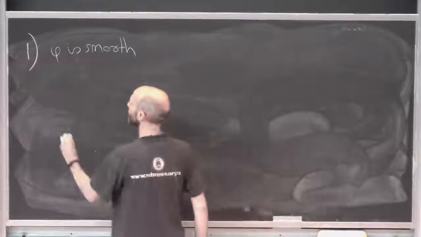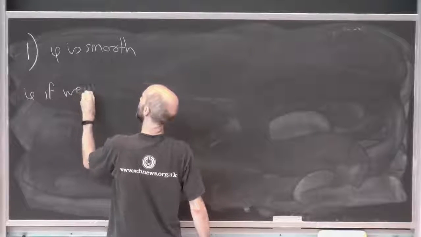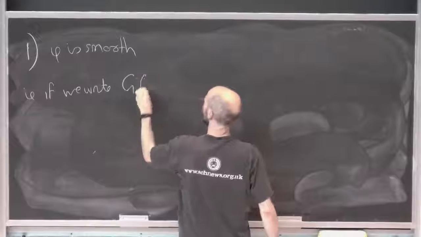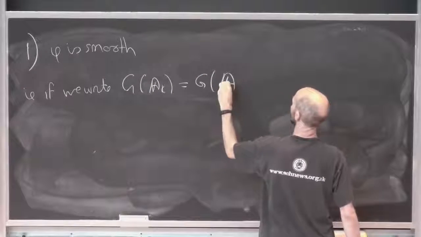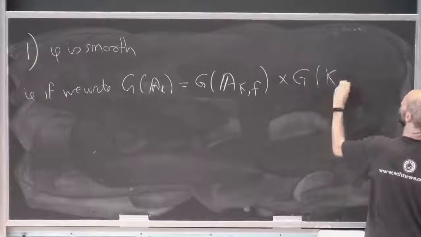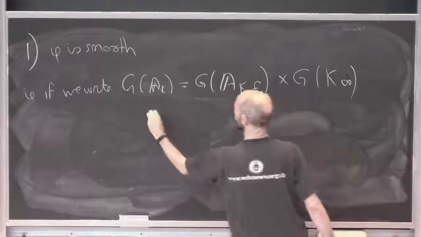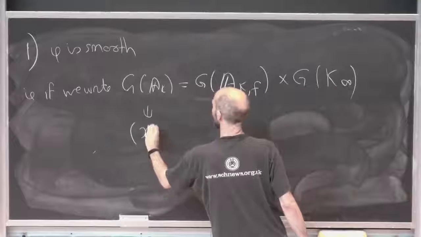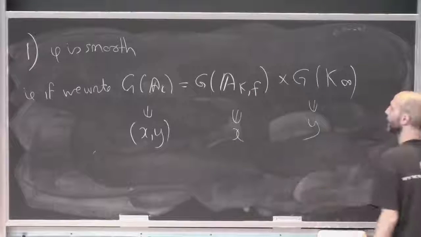That is, if we write G of the Adels of K as G of the finite Adels of K cross G of the stuff at infinity, and this contains some x, y, with x here and y here.